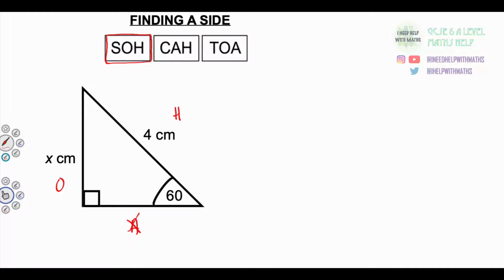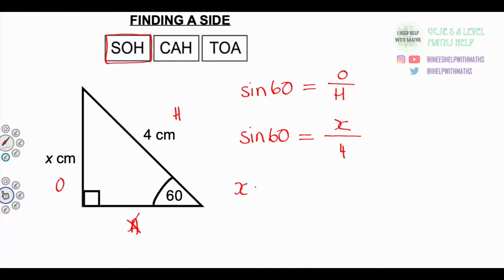So the S relates to sine, so sine of the angle, and our angle here is 60 degrees, is equal to O over H. So sine 60 is equal to O we can replace with x, and the H we can replace with a 4, and then if we multiply both sides by 4, x is equal to 4 sine 60, so x is equal to 2 root 3 when you put that in your calculator. And that is the final answer. And don't forget your units.